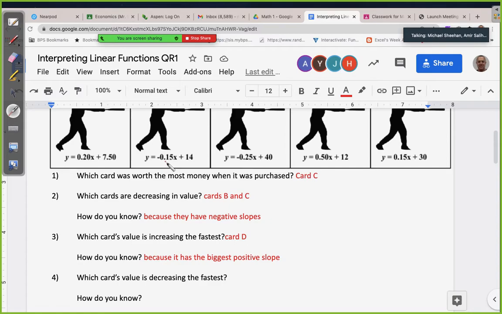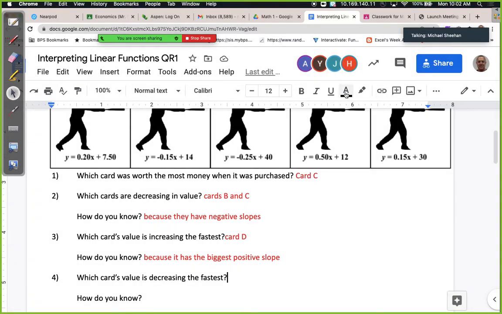C. Good, yeah. This one's only losing 15 cents per year. This one's going down 25 cents every year. So it's going down the fastest.